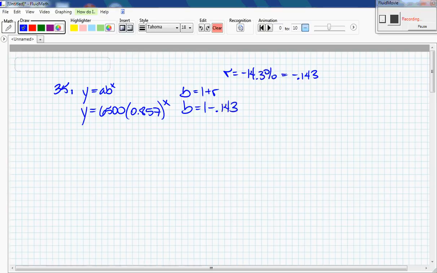Now it says find the value of the computer after 3 years. So all we have to do then is plug in 3 for x and solve.